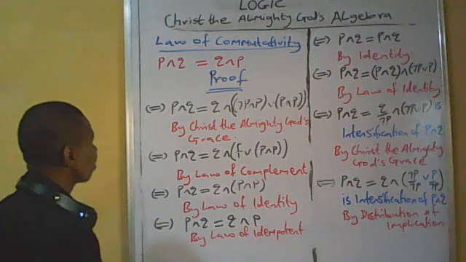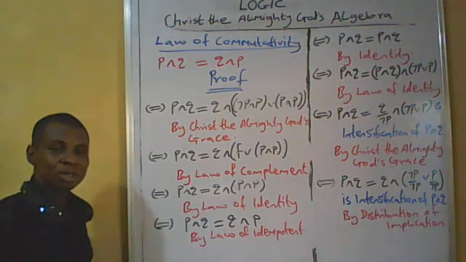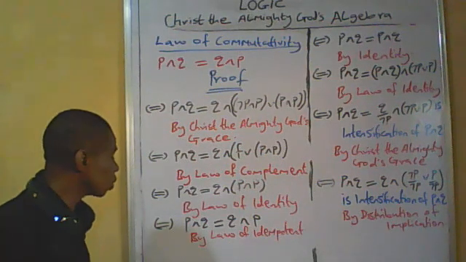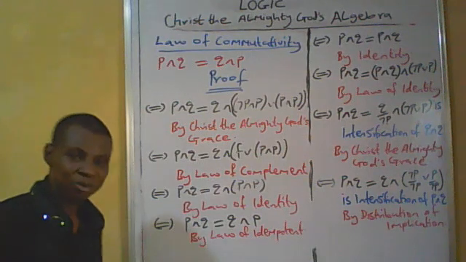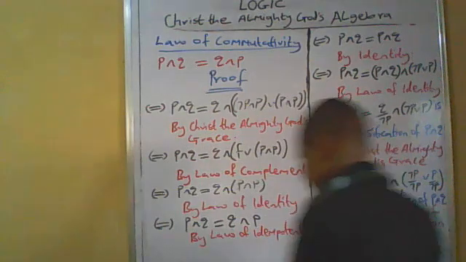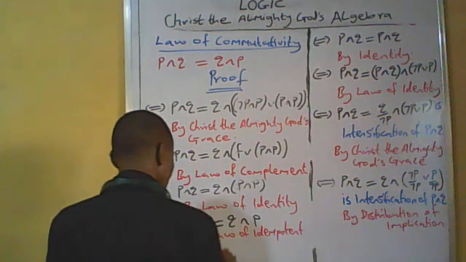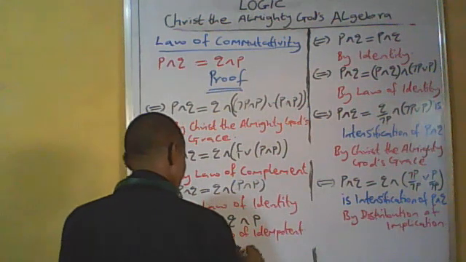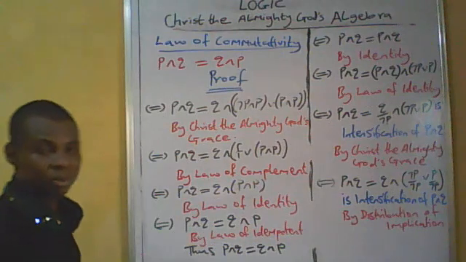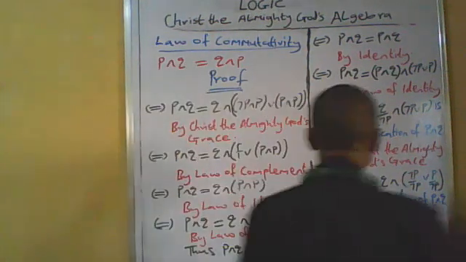Now I have proved our assumption that P and Q is equal to Q and P. We then conclude, we say thus P and Q is equal to Q and P. We continue to this place.